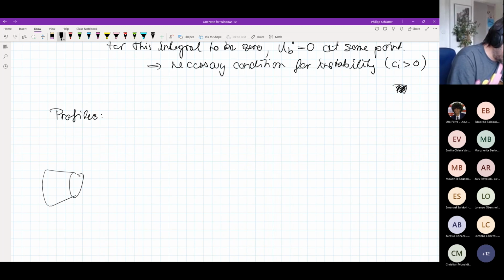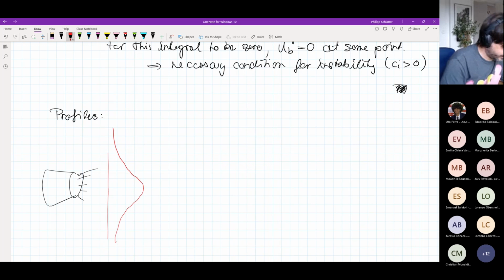This is kind of a nozzle, fluid comes out from a nozzle, and then the profile would maybe look something like this. This is the first profile. If this is X, and this would be Y, this would be the velocity profile. This is for a jet.